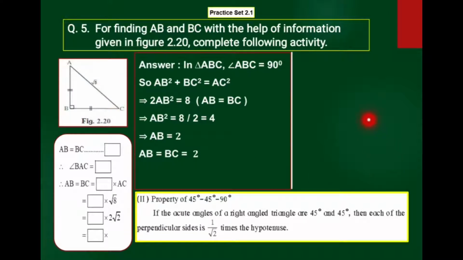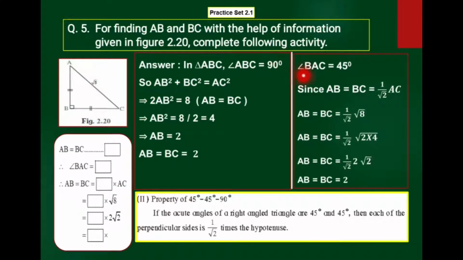So using that property we fill these 4 boxes. First we write AB equals BC, as these are the sides opposite to the 45 degree angle. So AB equals BC equals 1 by root 2 times the hypotenuse.